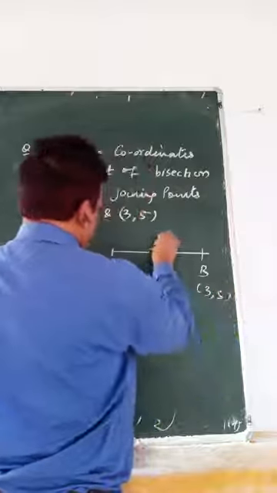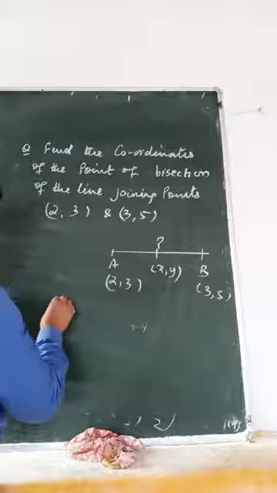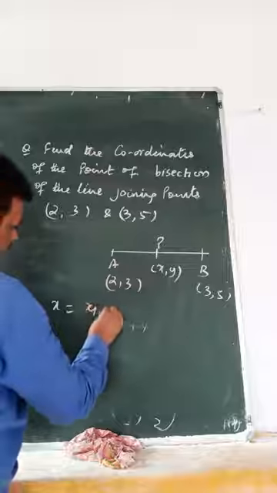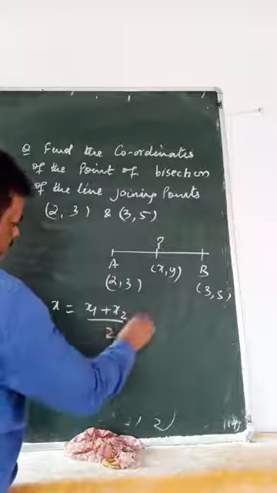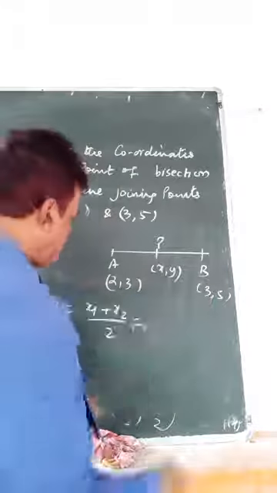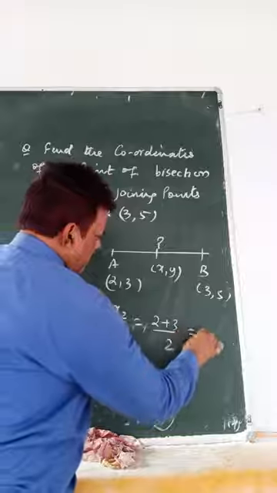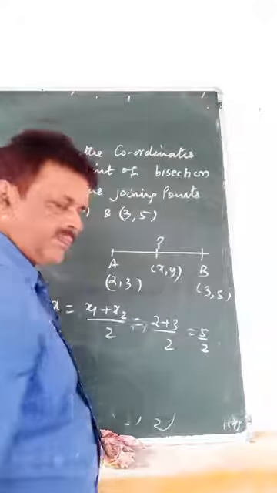Here is the point P which you want to find. Formula I gave you just now. What is X? X1 plus X2 by 2. X1 is 2, X2 is 3. So that is 2 plus 3 by 2, which means 5 by 2.